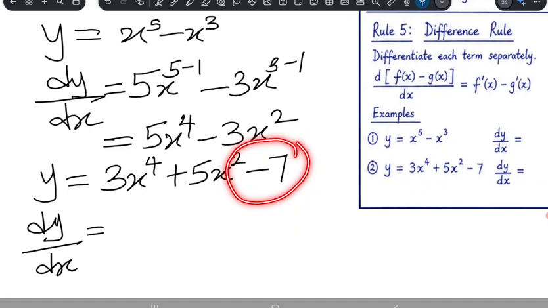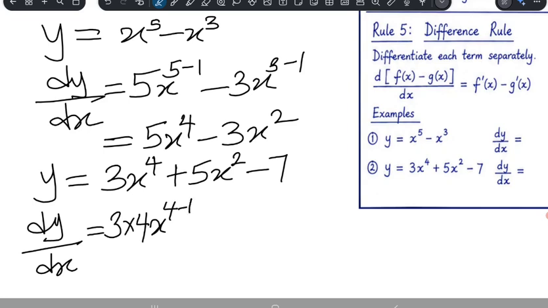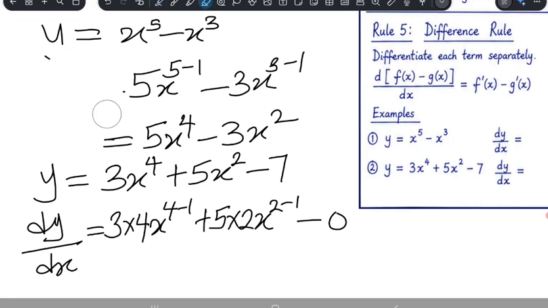There is a constant, which when differentiated will be 0. So therefore, we have 3 times 4x to the power 4 minus 1 plus 5 times 2x to the power 2 minus 1, minus 0. Let's just write it in that form to make it easy for the layman.